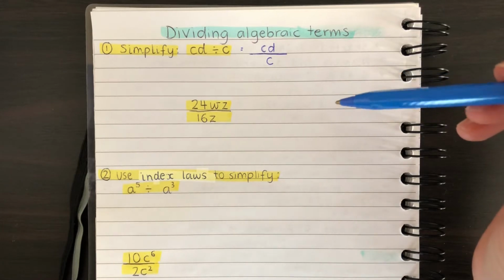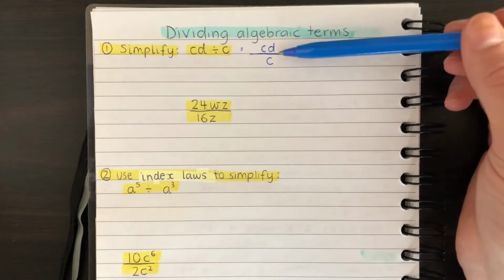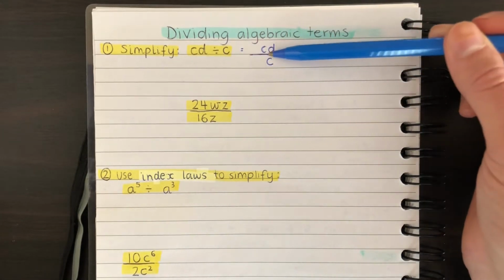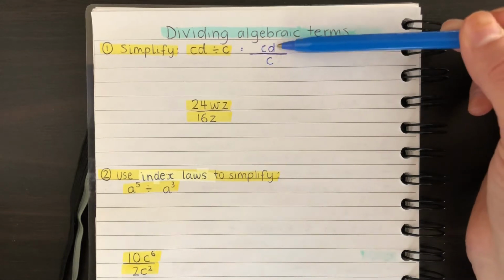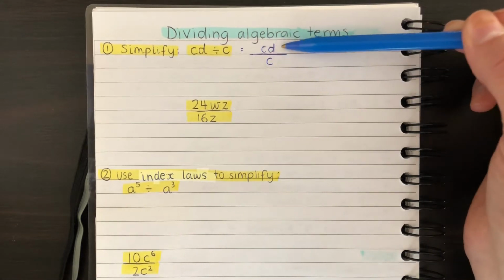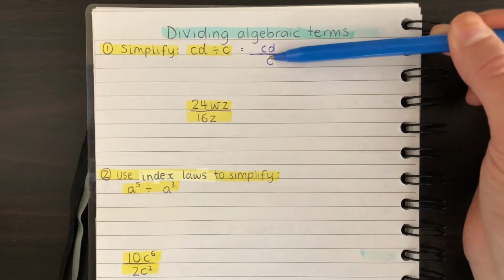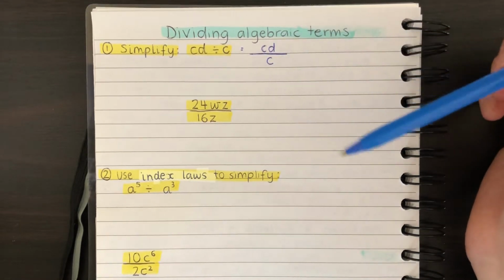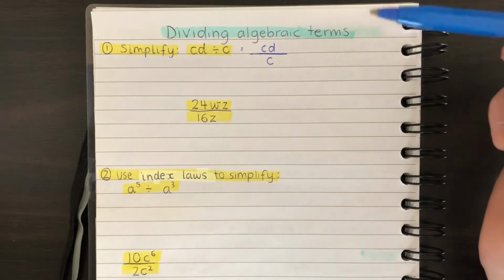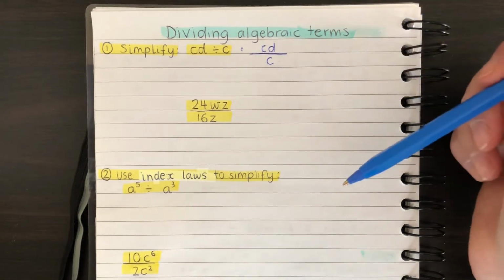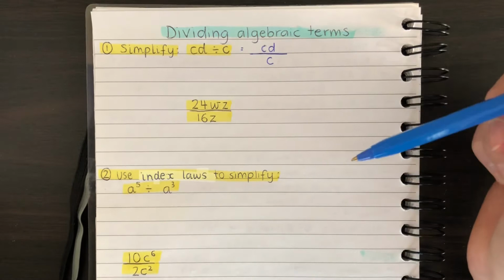Okay. Now what I mean by top and bottom, it means, so this line here that's showing us this is a division, whatever is on top of it, if there is a letter that is exactly the same as another one below it, you can cross them out, okay? Because anything divided by itself always equals 1.